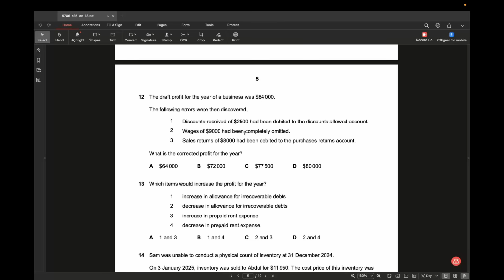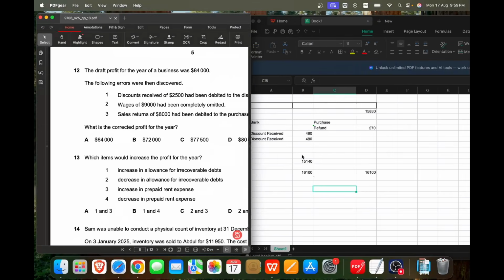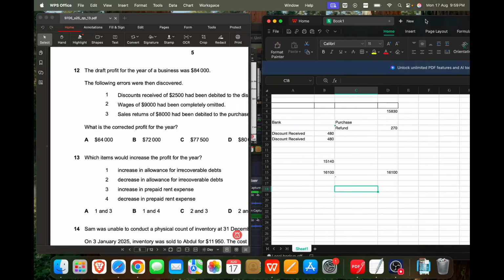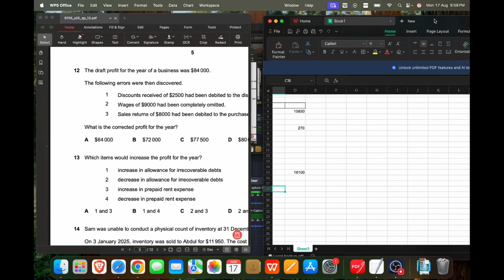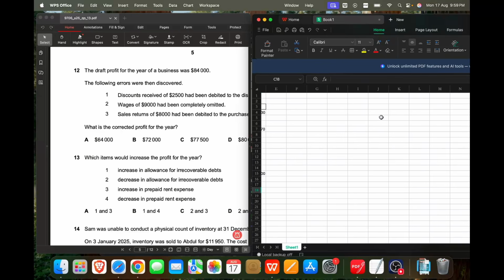Wages 9,000 had been completely omitted, and sales return of 8,000 had been debited to purchase return account. What was the correct profit for the year? Let's look at this. So the incorrect profit that we have out here is 84,000.